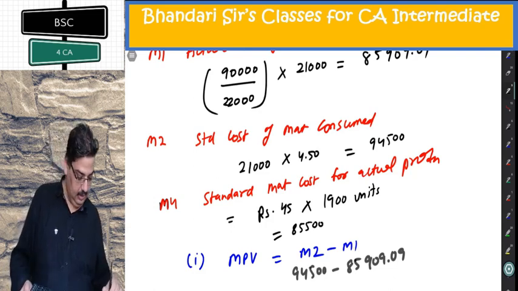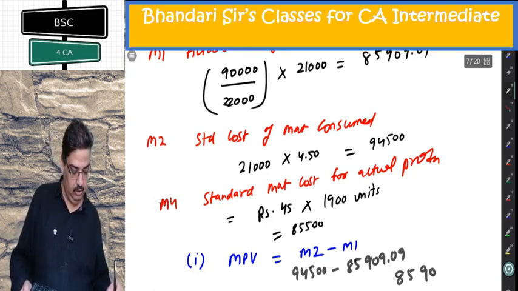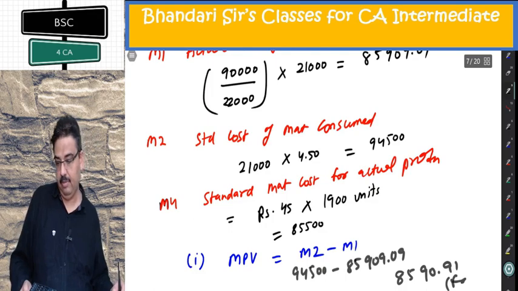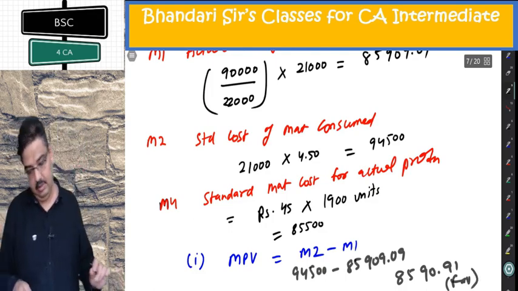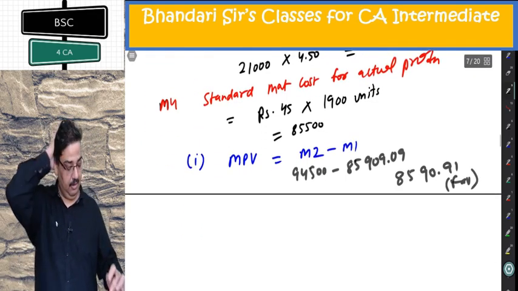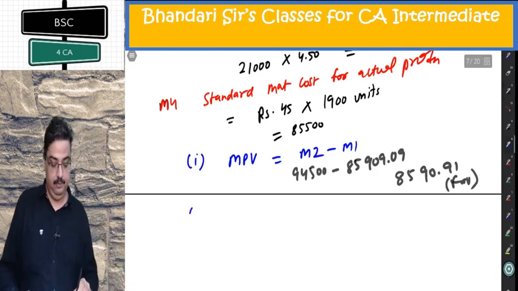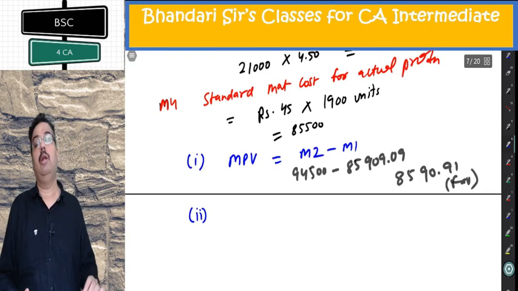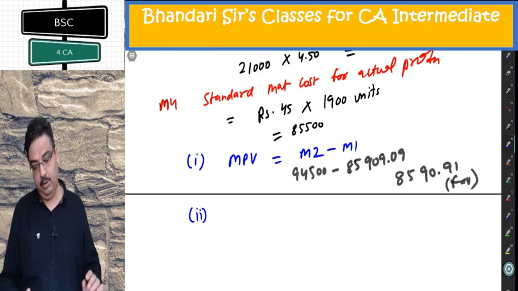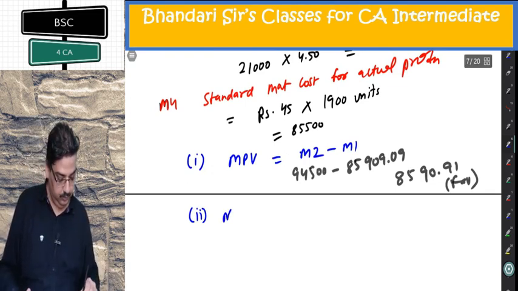I'm getting 8590.91 favorable. You can make it approximate 859, and you can alternatively or additionally compute for purchase quantity also. That is additional that you can do, but this much you must do.